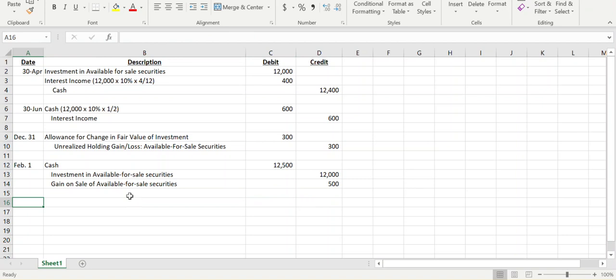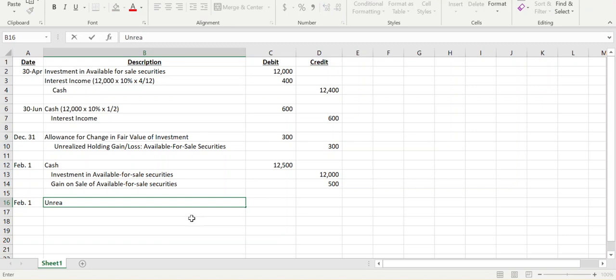If I'm getting rid of my investments, either in total or in part, I also have to adjust our two other accounts that are affected by these investments, the allowance account and the unrealized account. So on February 1st, I need to reverse that interaction. I need to completely get rid of that $300 impact because we no longer own those investments.